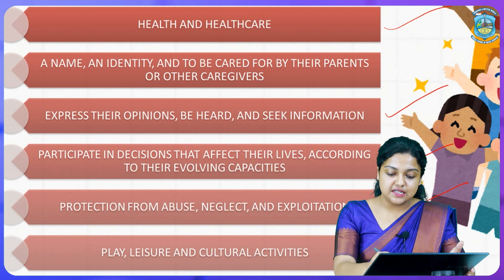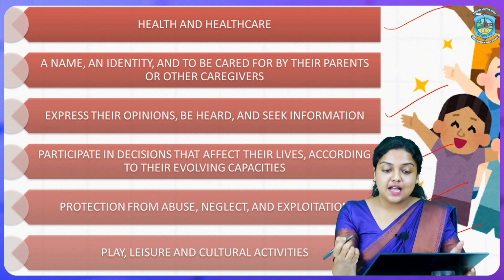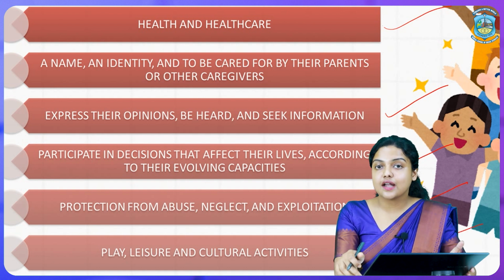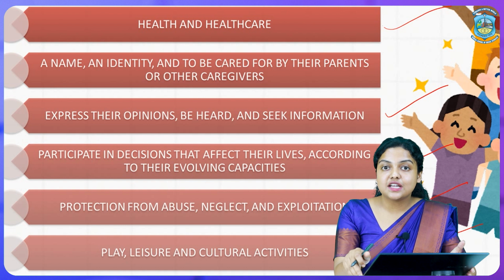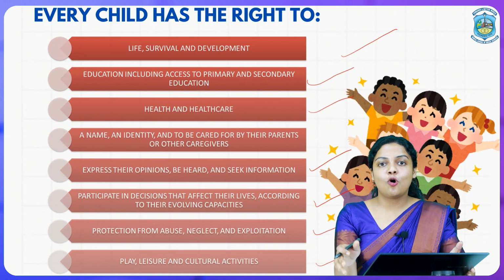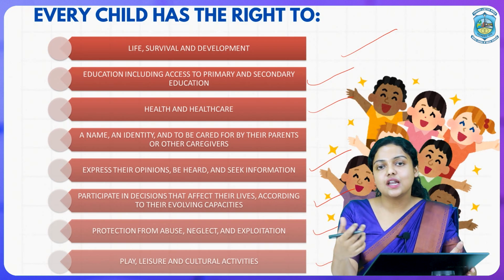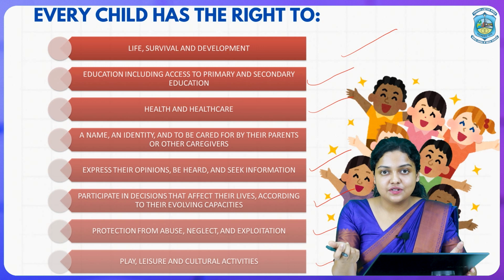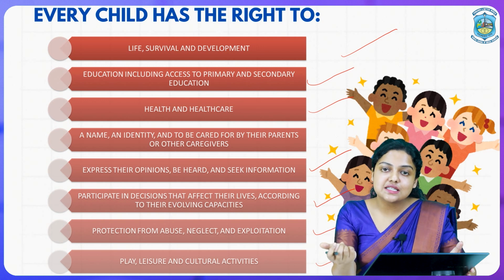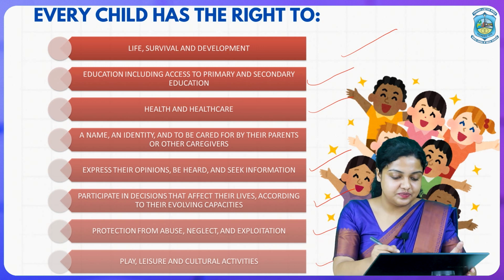Then the last basic right is every child has the right to play, leisure and cultural activities. That means they should be involved in some kind of sports, music, art or any cultural activities, so they can improve their skills and also their critical thinking.